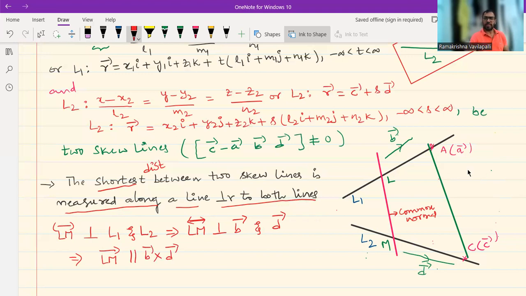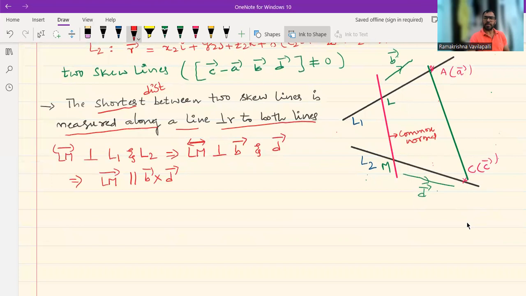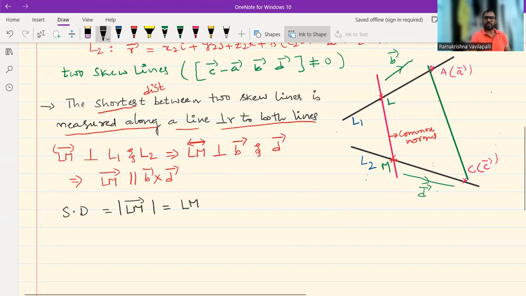Wherever a line perpendicular to both skew lines meets them, the distance between those two points is nothing but the shortest distance. So here the shortest distance between the skew lines is nothing but the modulus of LM. We want to find this LM. Now how do we find it?